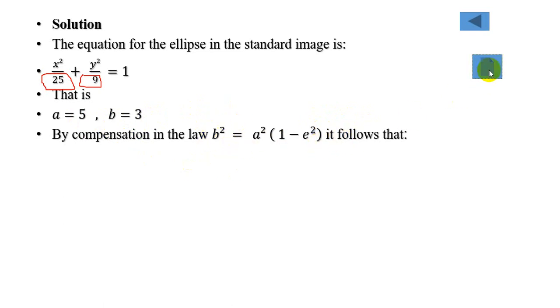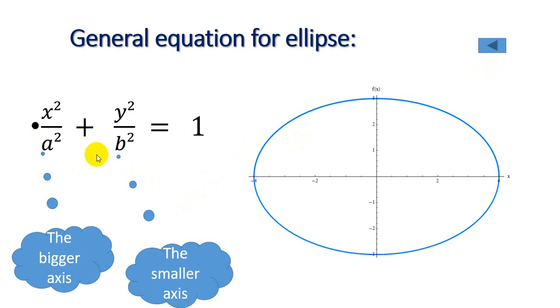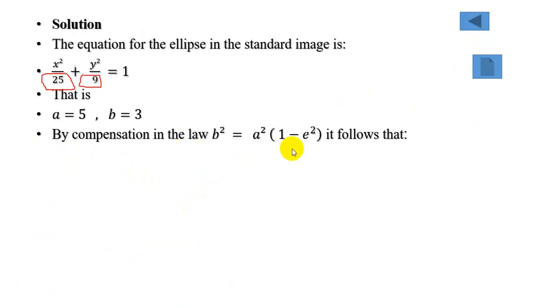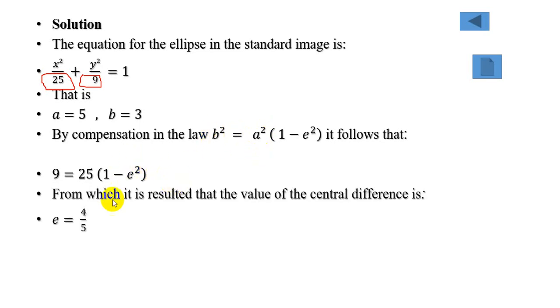As we said before, this is the general equation, and we'll talk about it here. So right now, if we apply here, b squared equals 9 and a squared equals 25, and we need to get the eccentricity right now. So the eccentricity will be 4 over 5.